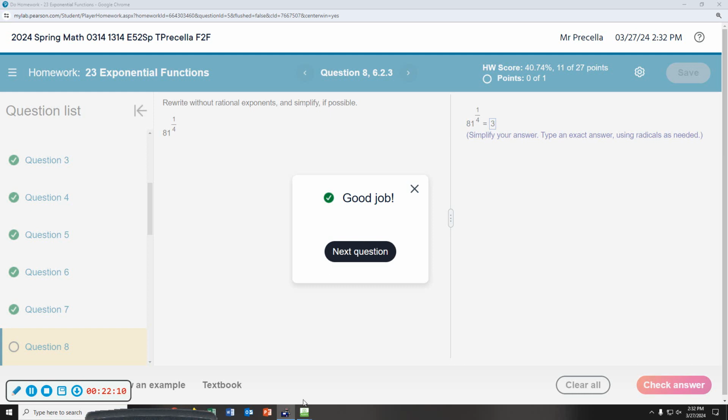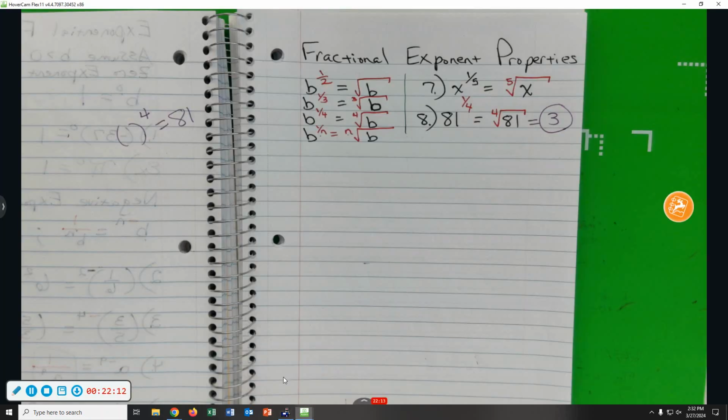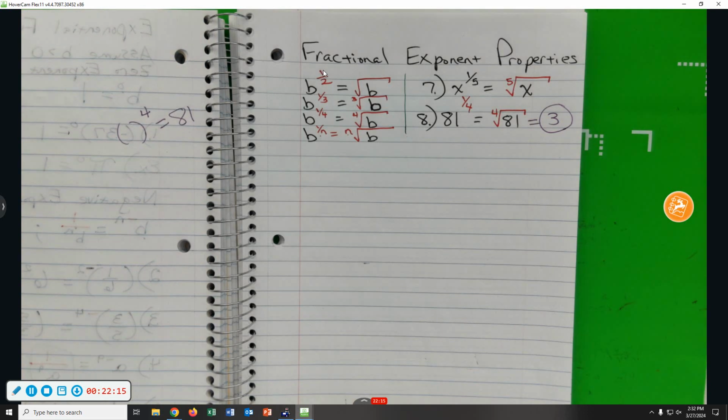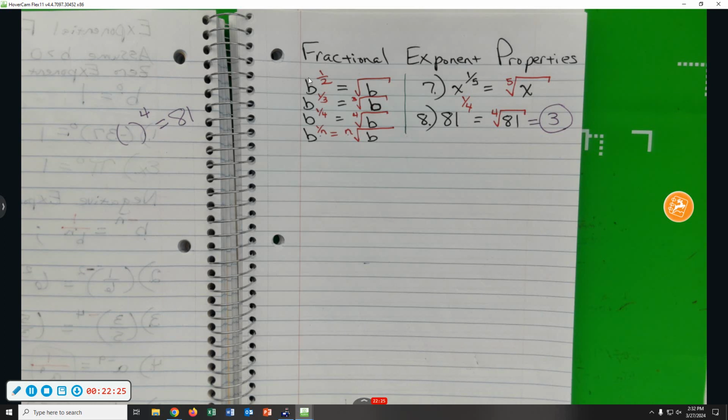Suppose the exponent is not 1/2, 1/3, 1/4, 1 over n, which have an assumed numerator of 1. We know that the fractions don't always have a numerator of 1.